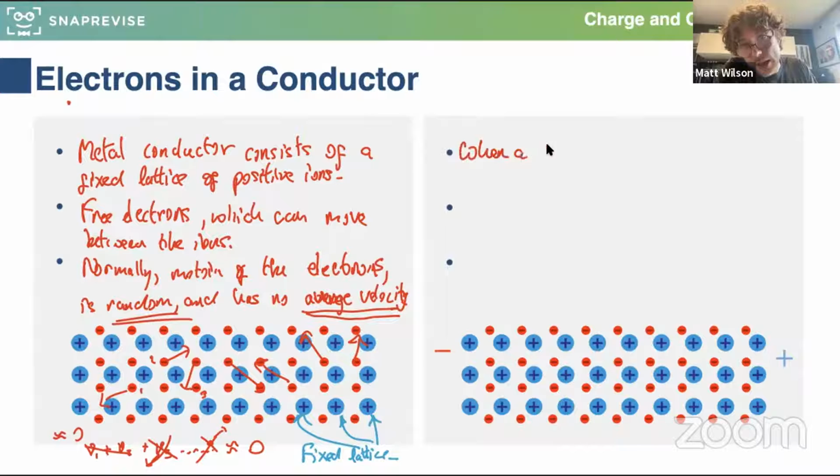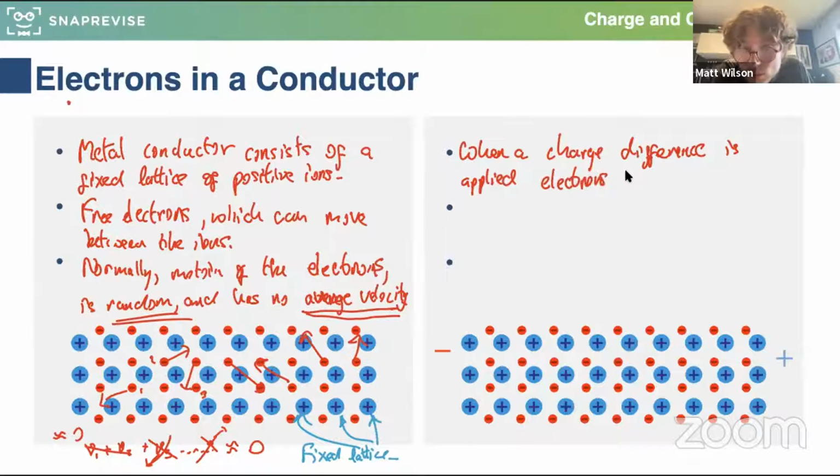So when a charge difference is applied, electrons are attracted to the positive end. Why the positive end? Well, electrons are negatively charged, so they will be attracted to positively charged areas.